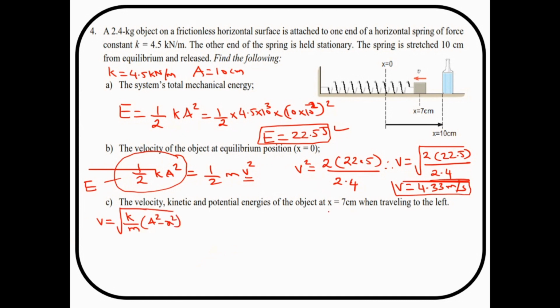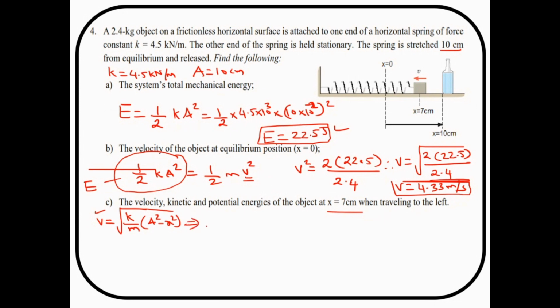Here the x value is given, and a is nothing but the maximum extension of the spring. We have the spring constant, the mass of the object, and the amplitude, since we are moving the spring by 10 centimeter, and the x value is given here. So once I substitute the values, I will easily find the velocity.